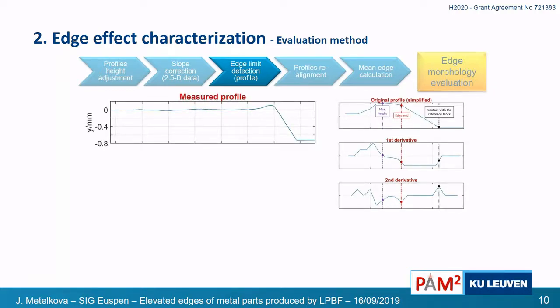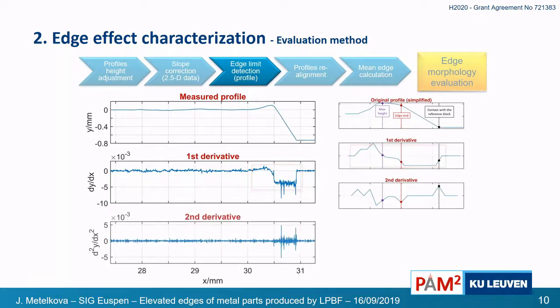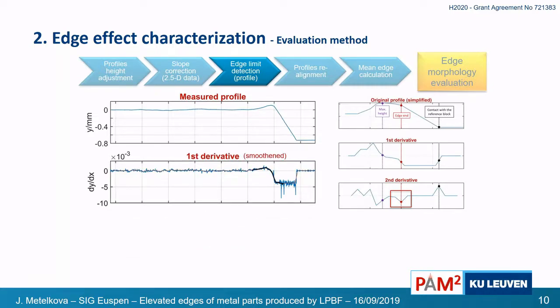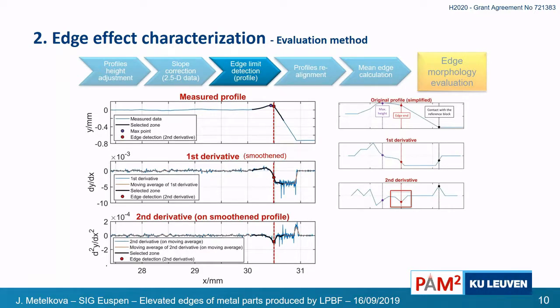But if we have a look at the real data, you can see that in the first derivative the same zone can be detected as we expected. However, in the second derivative there was a lot of noise, so it was not possible to detect this downward peak. Therefore, we proceeded to smoothing first of the first derivative, and then it was possible to detect this downward peak to detect the outer limit of the edge.